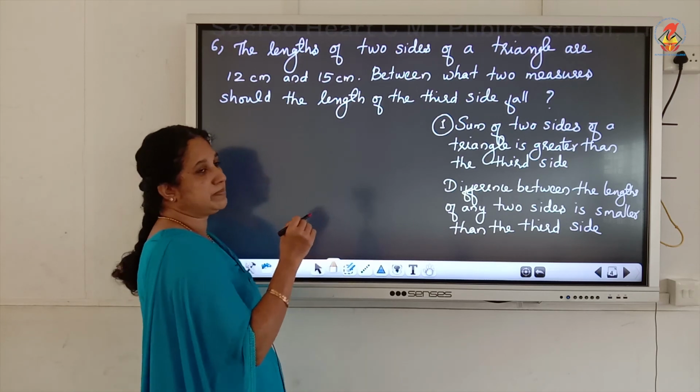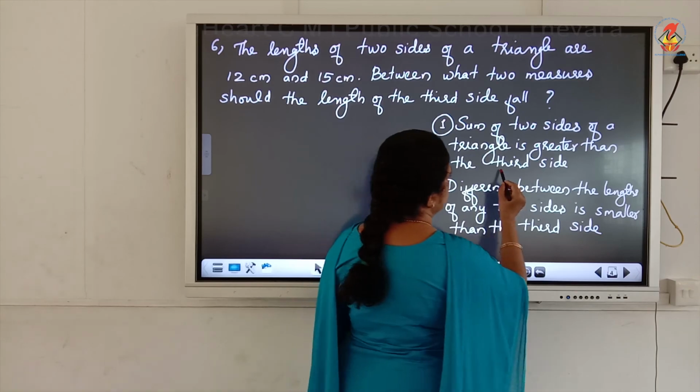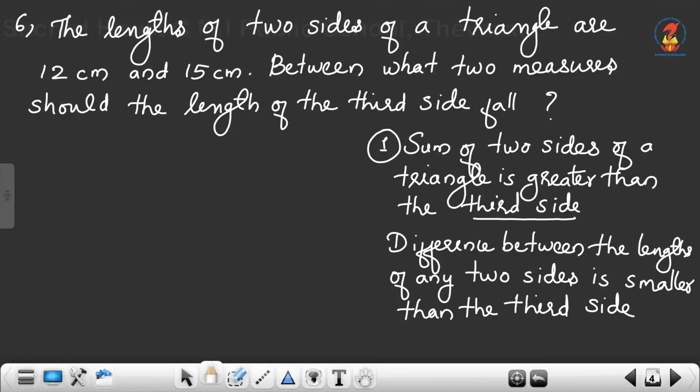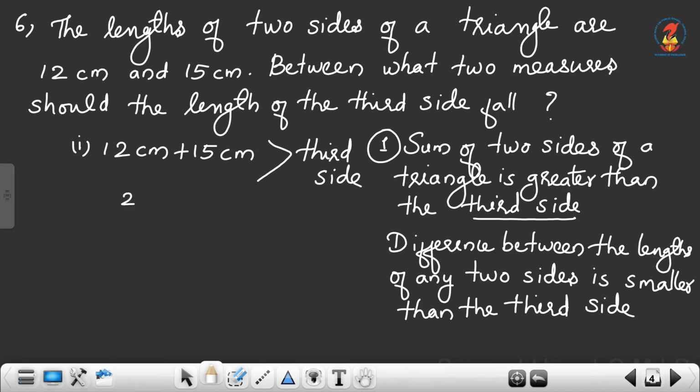So we have to find out between what two measures the length of the third side falls. The lengths of two sides are given, so according to that property we can write 12 cm plus 15 cm is greater than the third side. 12 plus 15 is 27, so 27 cm is greater than the third side. What is the meaning of that? The length of the third side is less than 27 cm.